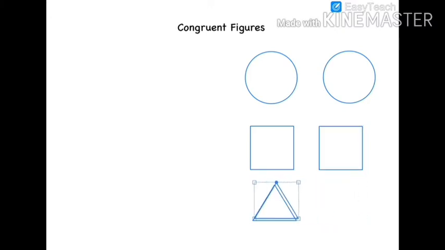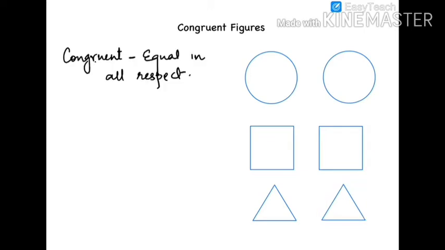Likewise, if I overlap the triangles, the vertices and the sides completely coincide. And so we can say that these two triangles are also congruent. We notice that the vertices and the sides coincide. So in all respect means all angles and all the sides are equal.